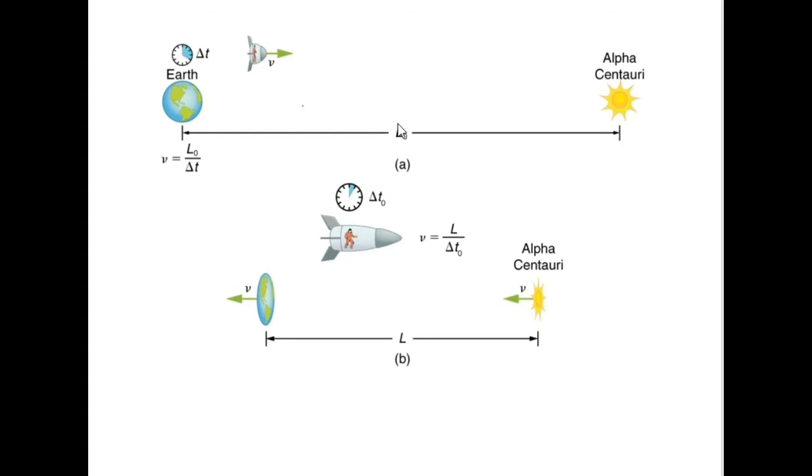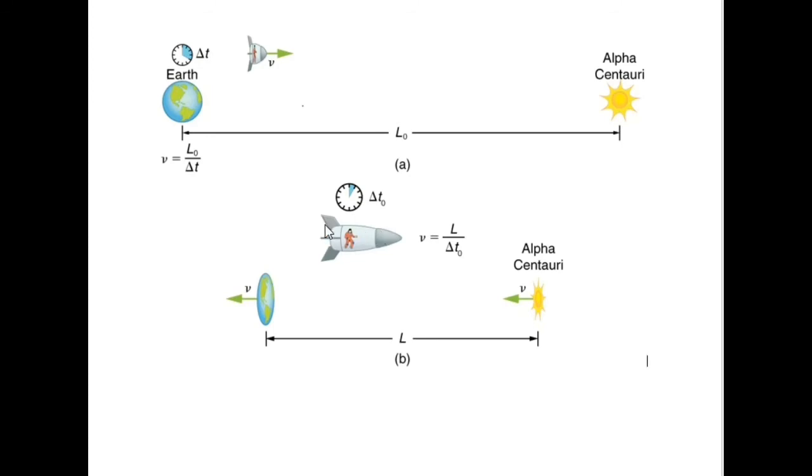Now, that's why it is L naught, because that's the proper length, okay? But for the proper time, you might get confused in using the one with the naught and the one without the naught. The proper time is the time measured by somebody who is inside the spacecraft. So, that is the time he records.